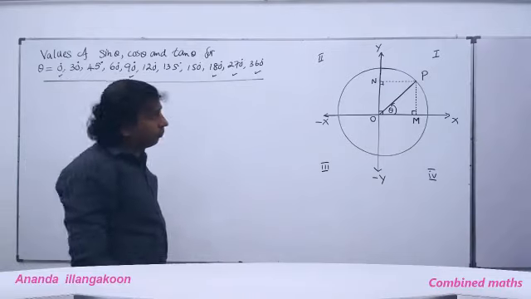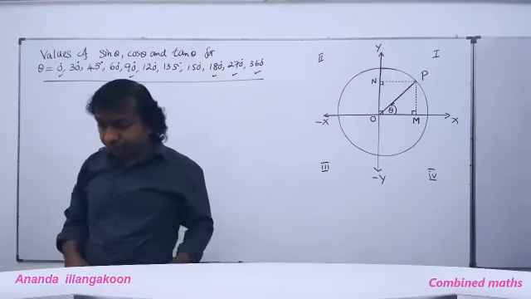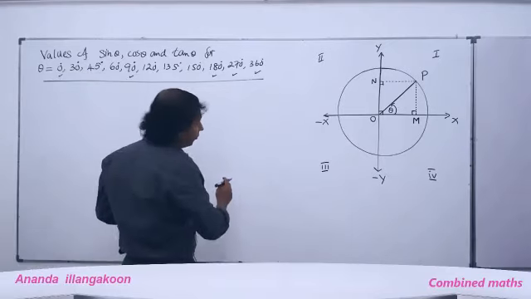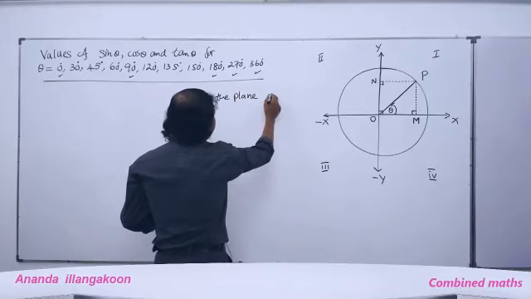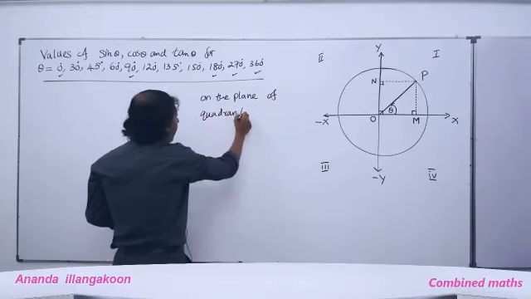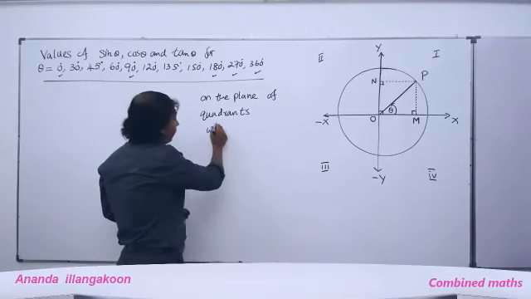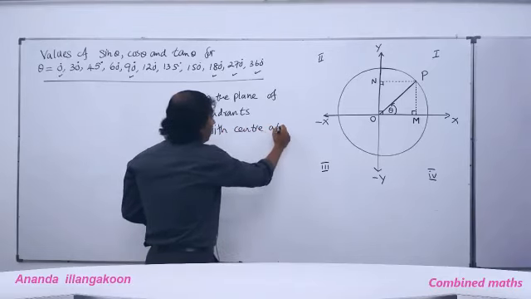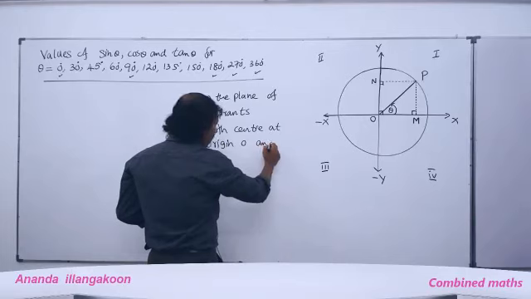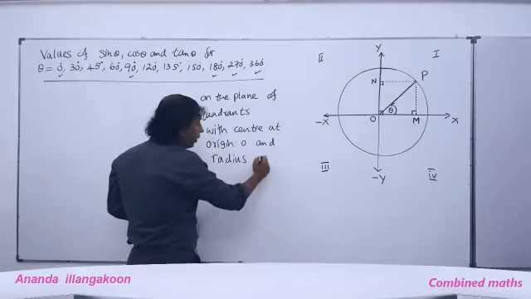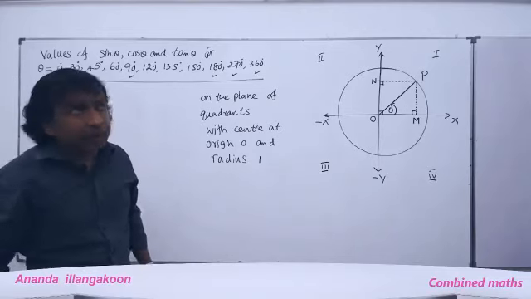Consider a circle on the plane of quadrants with center at origin O and radius 1. Right. People, now draw this diagram.